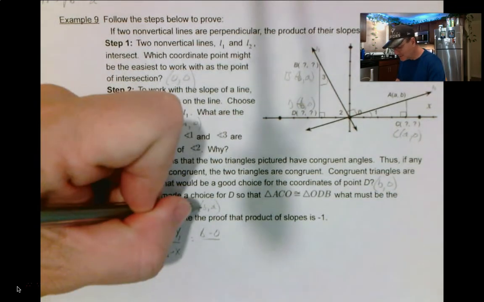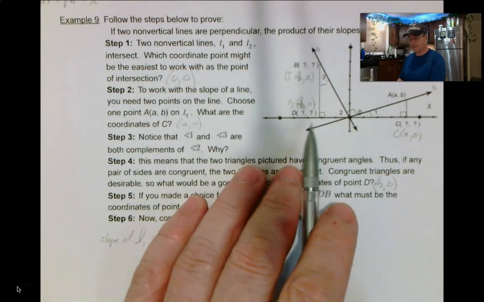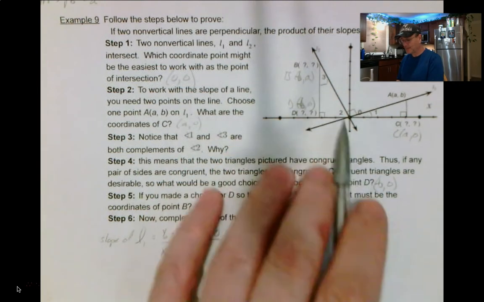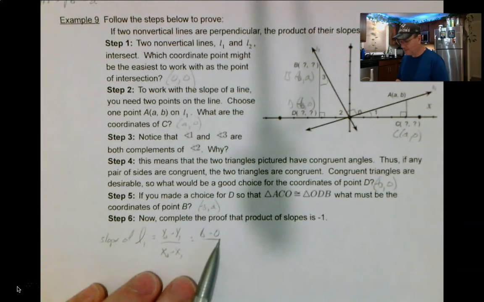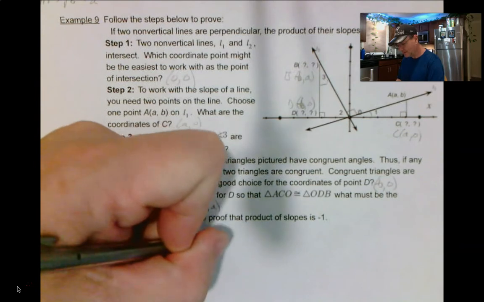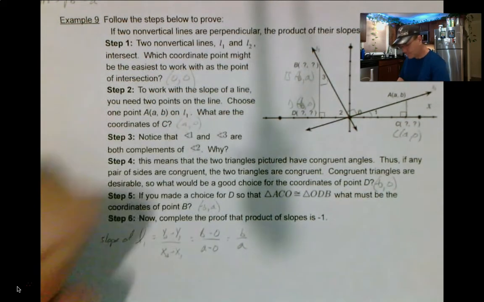So that's got to change this one to a -B and this one to a -B. Sorry about that, because we're going to the left. The A is still positive because we're still going up. A went to the right here, A is now going up here. All right, B minus 0 over A minus 0 gives us a slope of B over A.